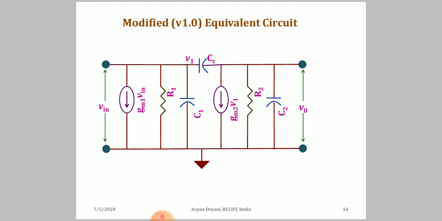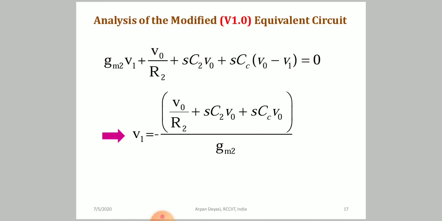And if we really include a capacitor, then obviously my analysis, what we have shown in the starting of this slide, the fundamental KCL equations, naturally those things will be changed. And how will it be changed? The output side equation will be added with another term, and that will be minus SCC (V0 minus V1) plus SCC (V0 minus V1).